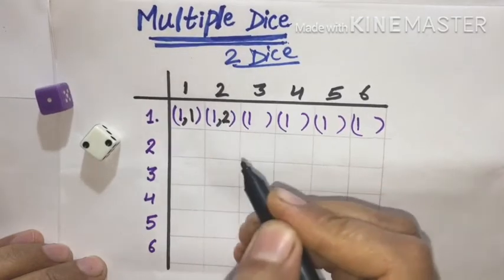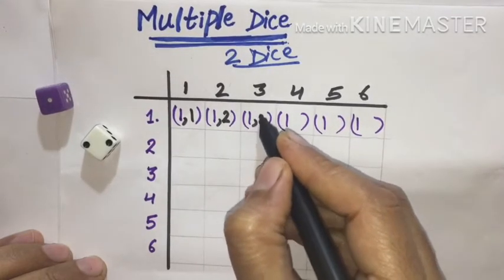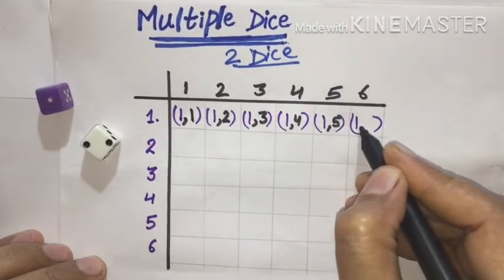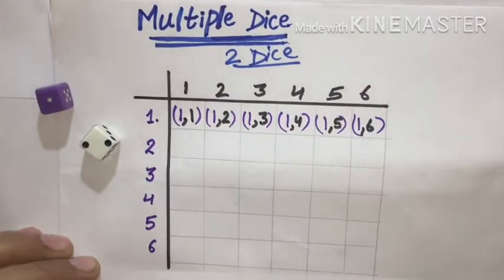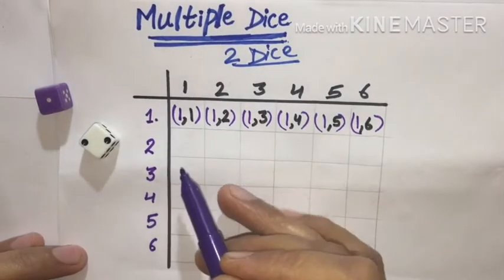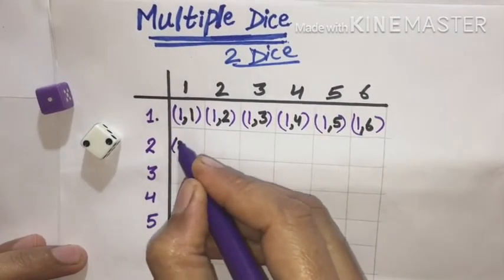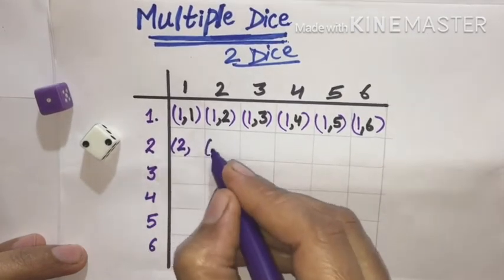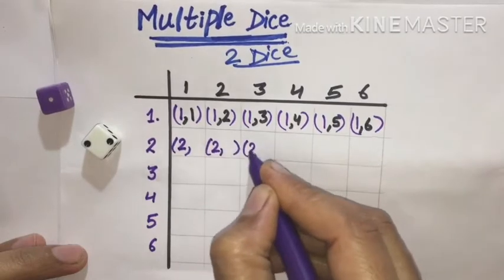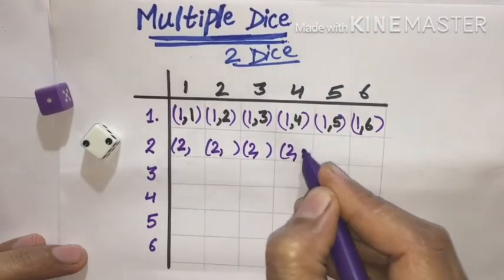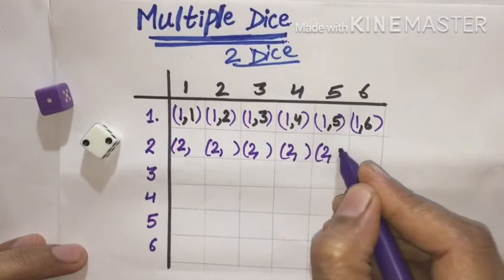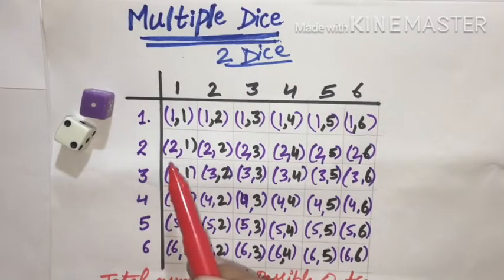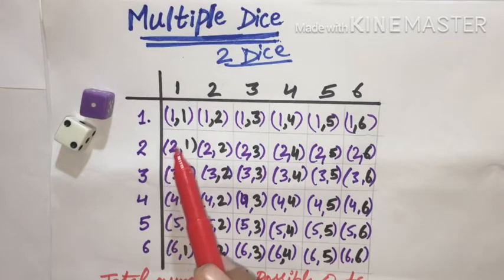In the second case it can be that 2 comes, then 3, 4, 5 and 6. In the second row, we assume that the number 2 is coming on the purple, so we write 2 first.